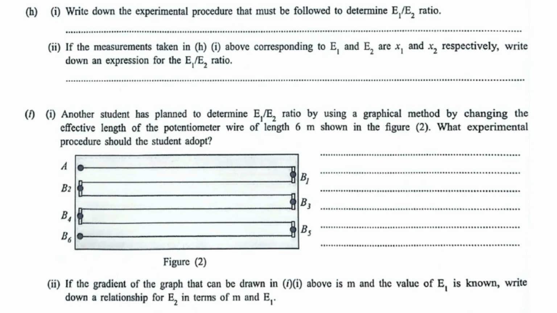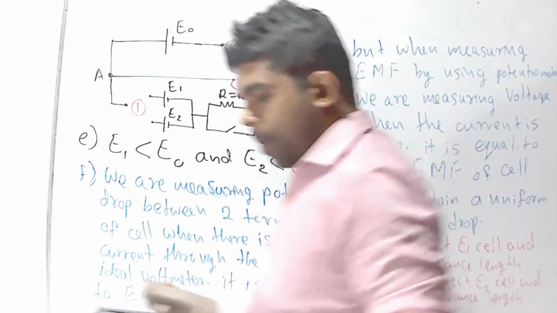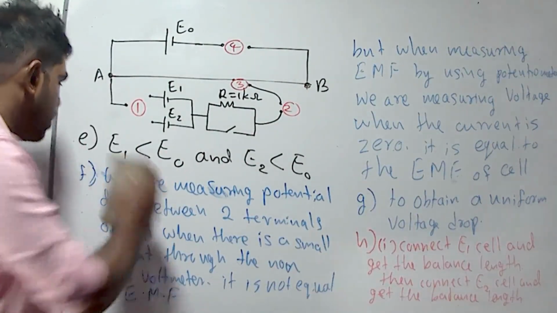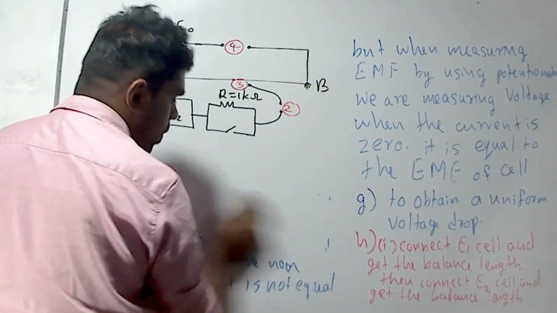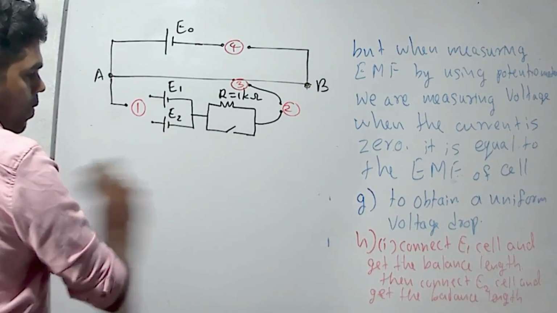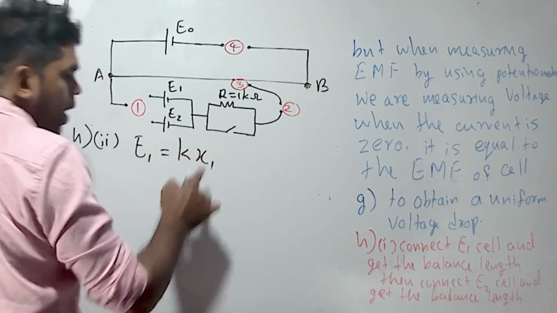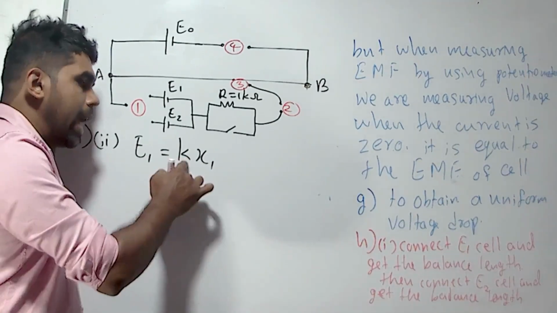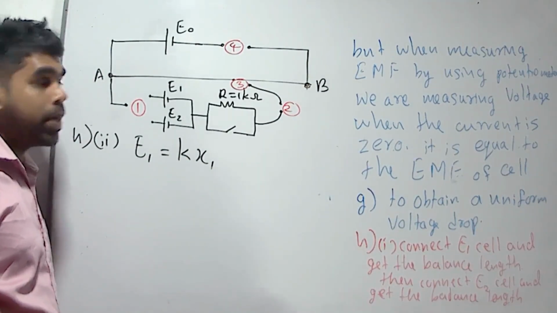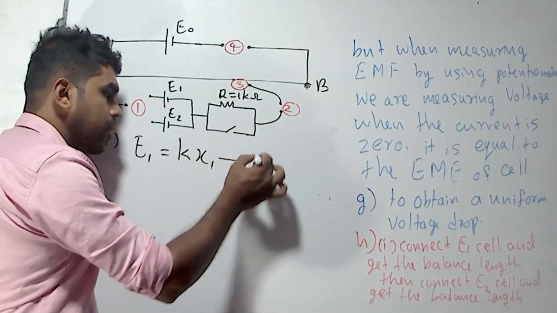Then part 2: if the measurements taken in H1 above corresponding to E1 and E2 cells are x1 and x2 respectively, write down an expression for the E1 over E2 ratio. When measuring the potential drop across the E1 cell, we can write E1 equals Kx1. x1 is the given balance length, K is the potential drop per unit length. It is the first equation.